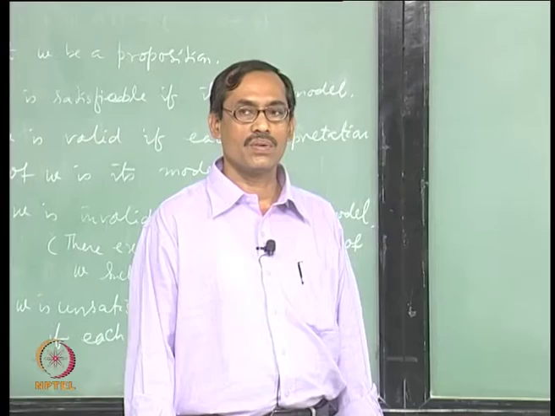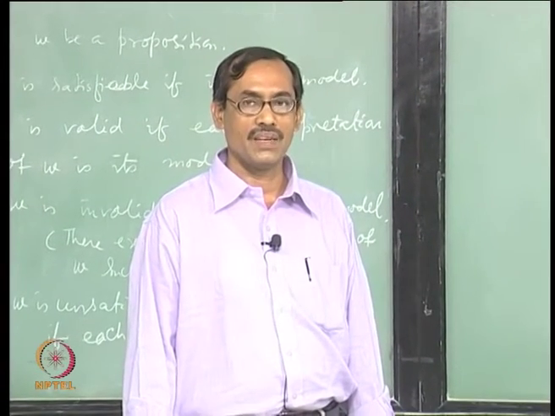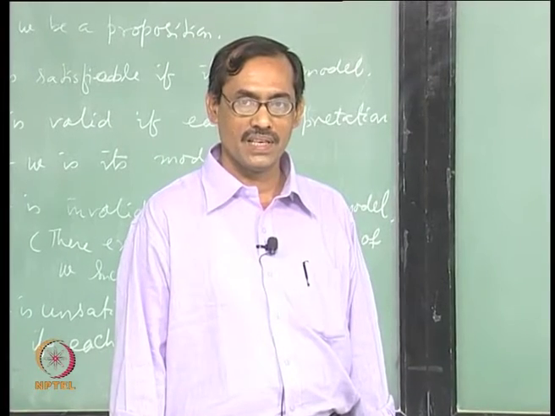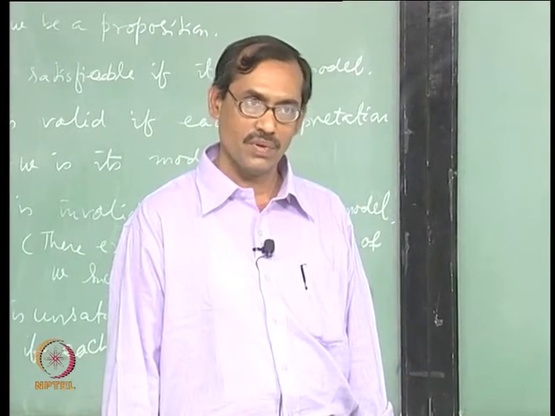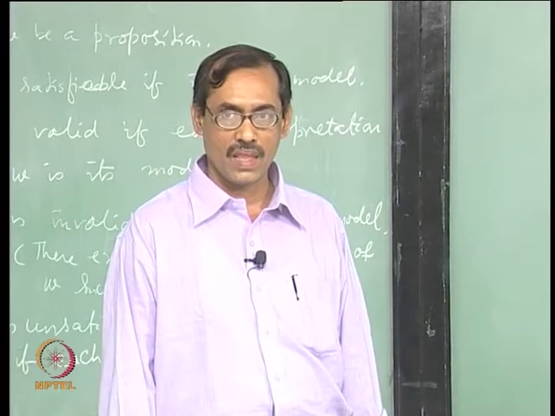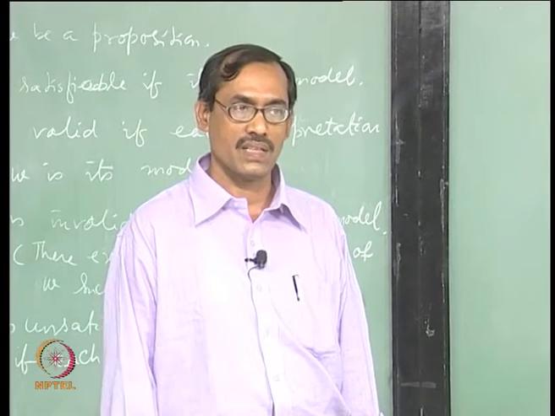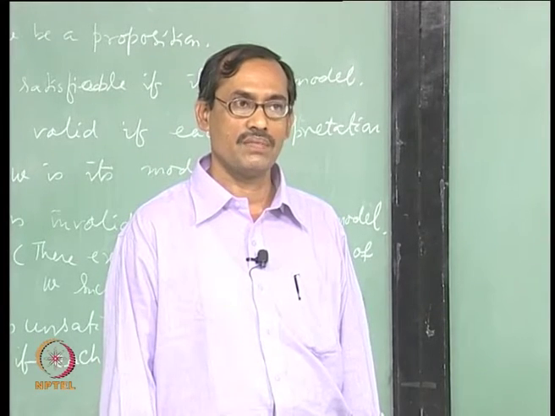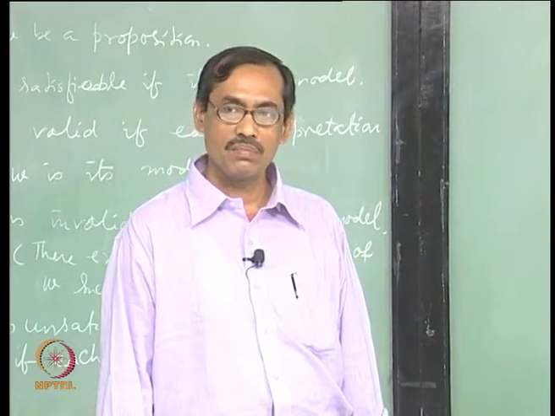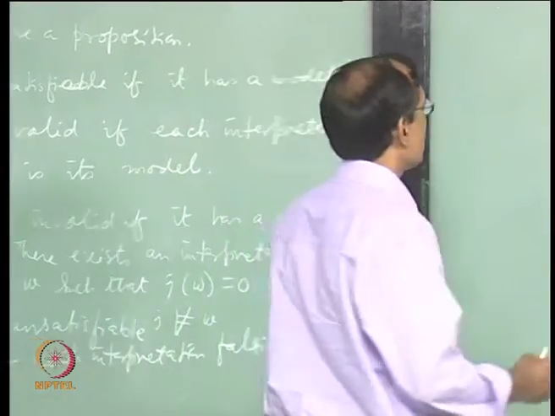Recall we say that u is equivalent to v if I of u equals I of v for every Boolean valuation I. Now, you can think of interpretations. So, u and v are equivalent if their models coincide. Each model of u is a model of v, each model of v is also a model of u, right. So, we can take it as a definition now.